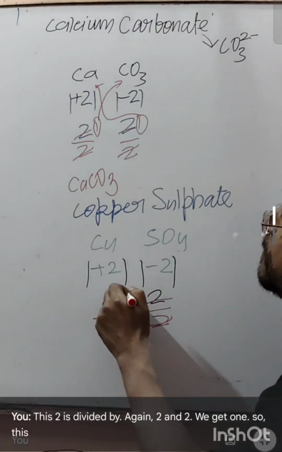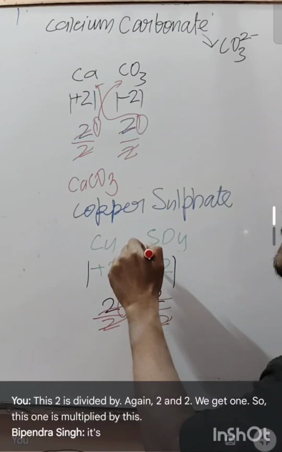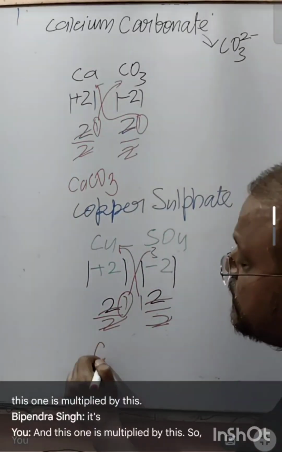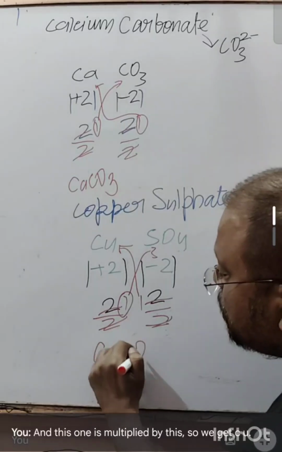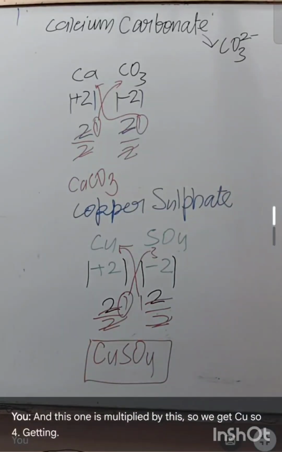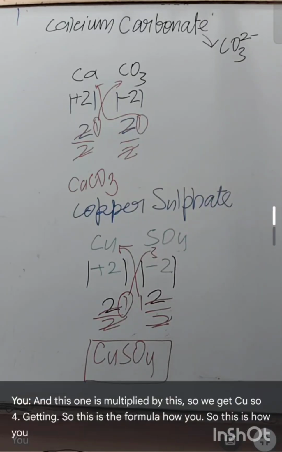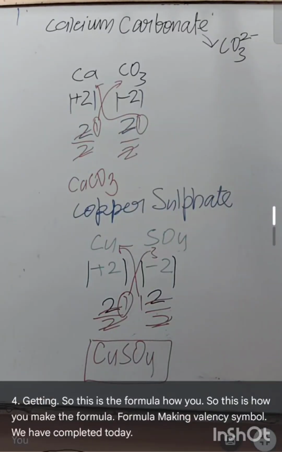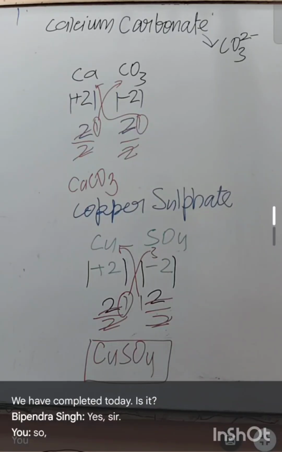So this one is multiplied by this and this one is multiplied by this. So we get CuSO4. Getting? Yes, sir. So this is the formula. So this is how you make the formula. Formula making, valency, symbol we have completed today. Is it? Yes, sir. So can we call off now?